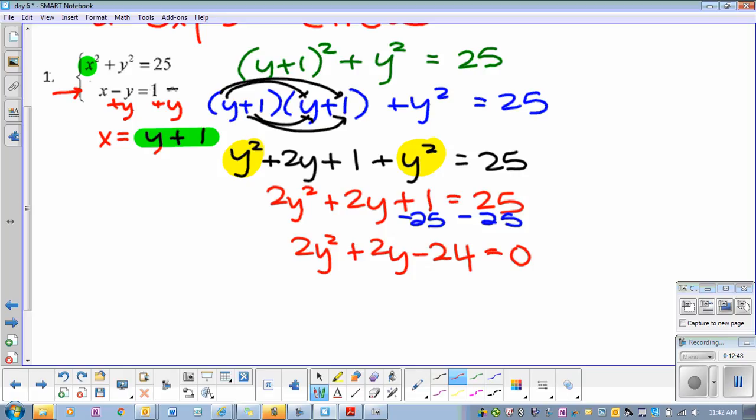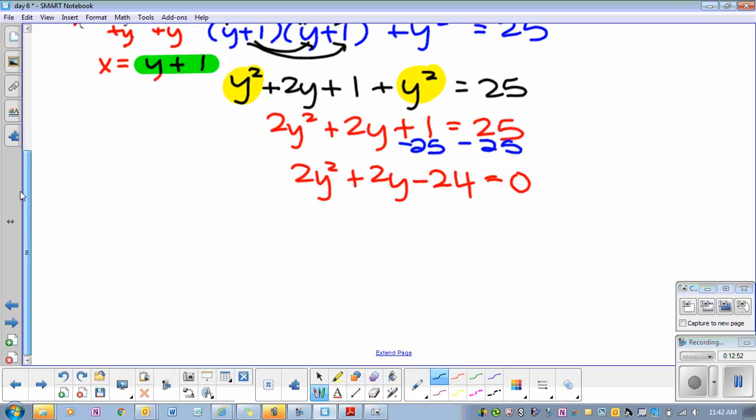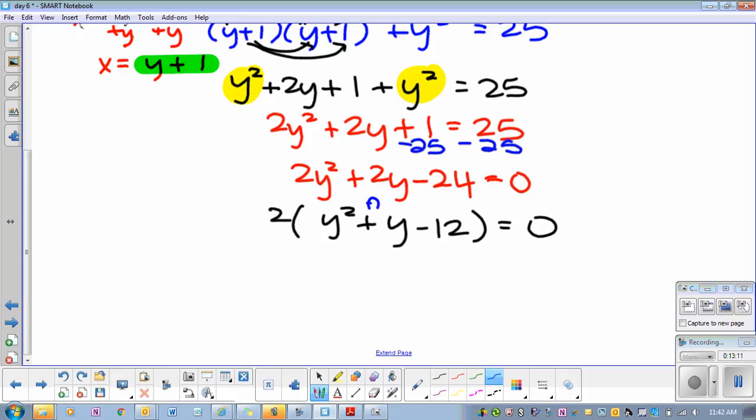So what actually looked like a crazy problem is, oh look, there's a GCF, right? You take the 2 out of there. And then inside, you need to break down this trinomial, factor it out.